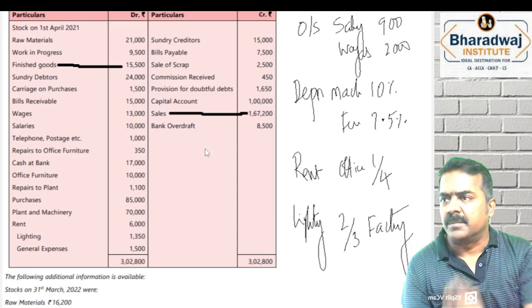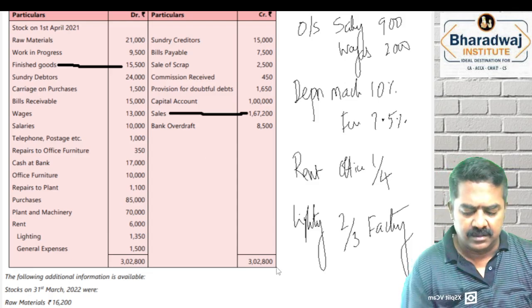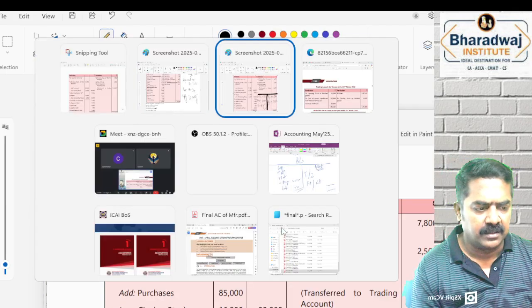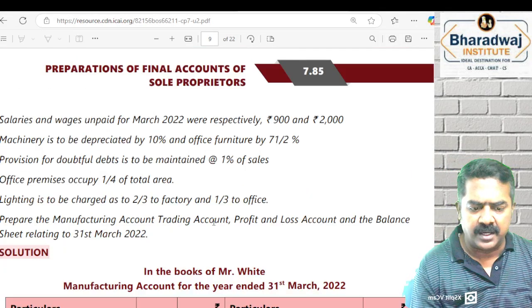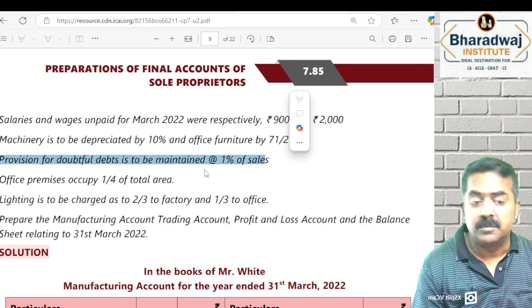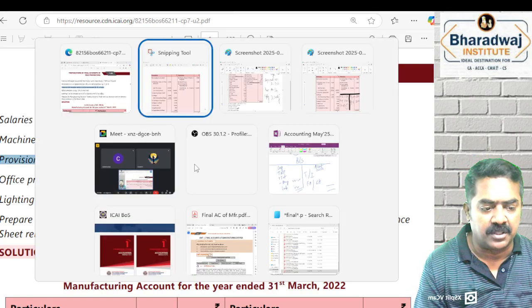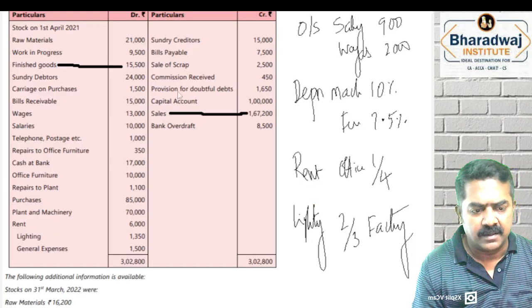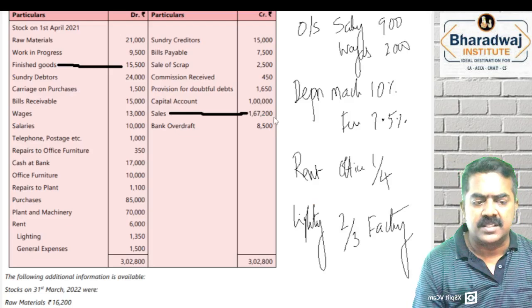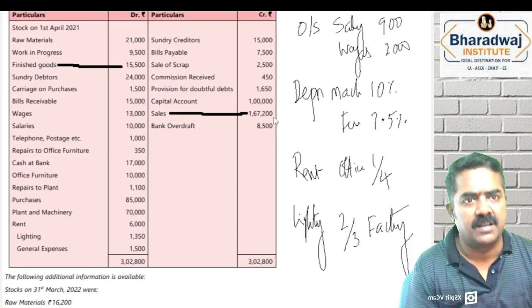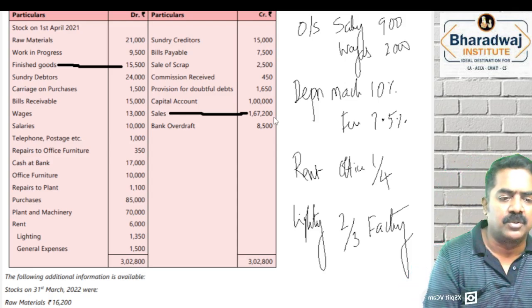Provision for bad debts, how much are you asked to maintain? Look at the question. They ask you to maintain provision for bad debts at 1% of sales. What is the sales? 167,200 into 1%. How much will it come to? 1672.